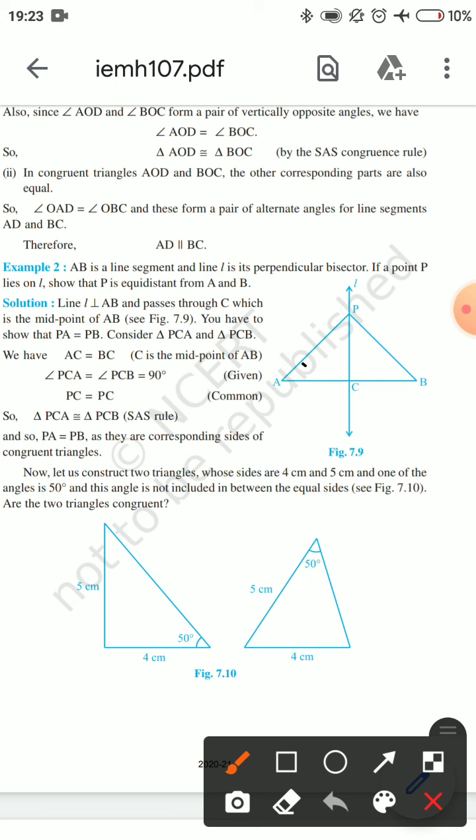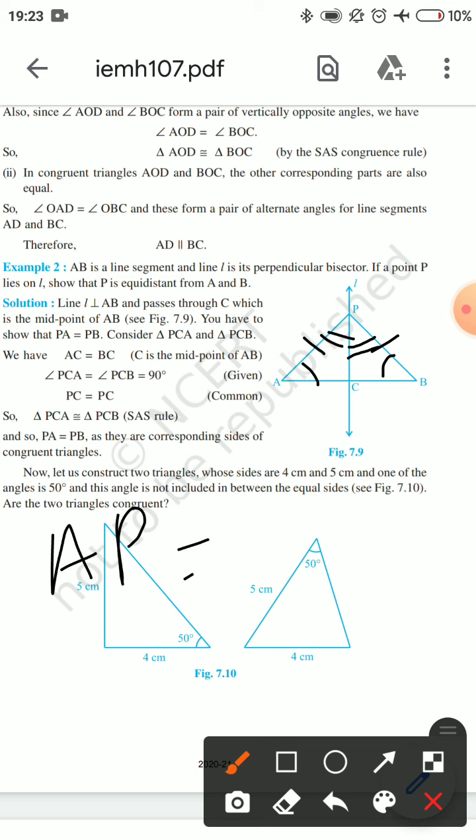That means this angle A will be equal to angle B, right? This angle will be equal to this angle, and also this side will be equal to this side. What we were to prove is that side AP will be equal to side PB. So AP will be equal to BP, and the reason will be CPCT, right?